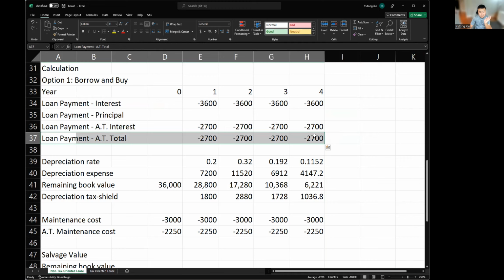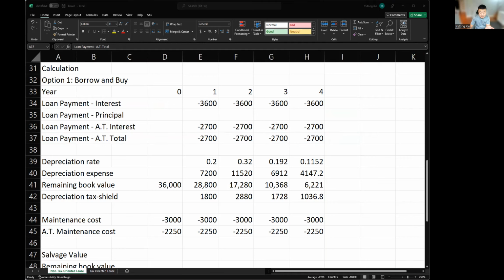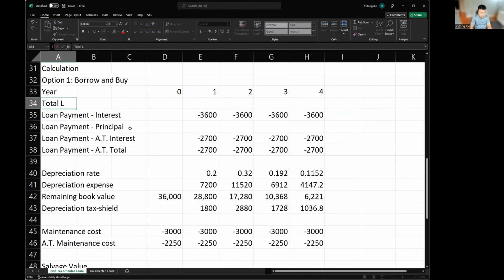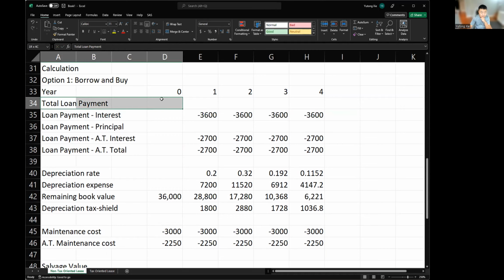So these are fine. It's just we need to take a couple steps to figure out the loan payment. First, let's say total loan payment.